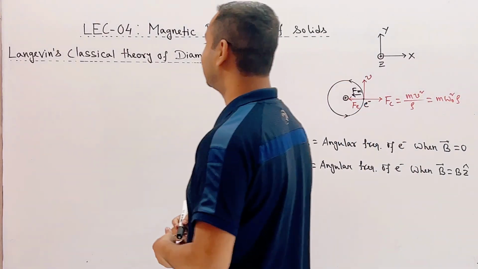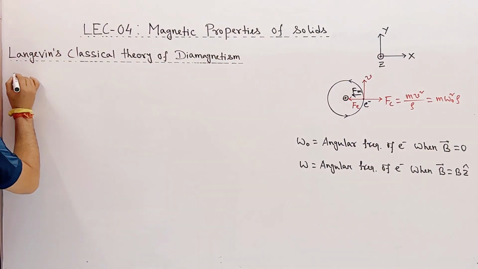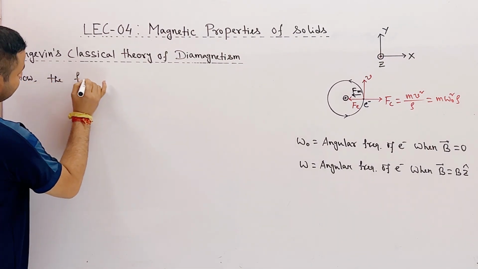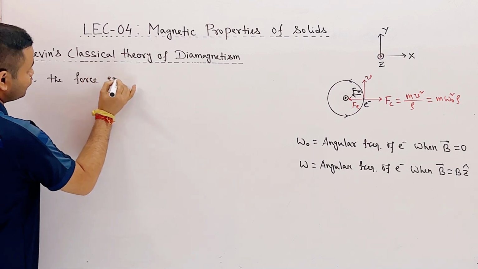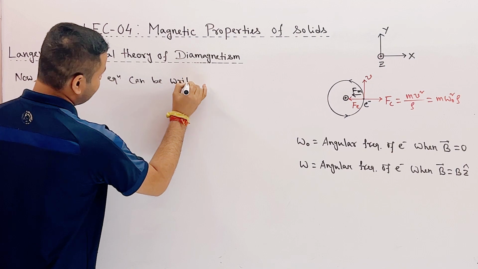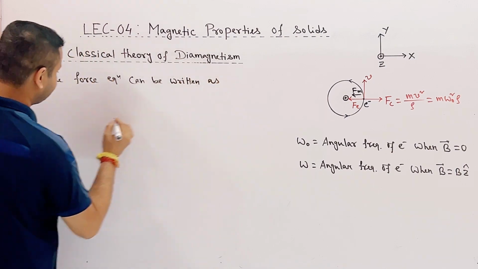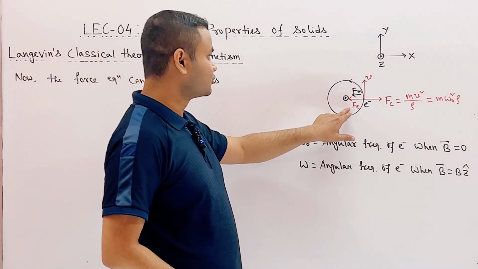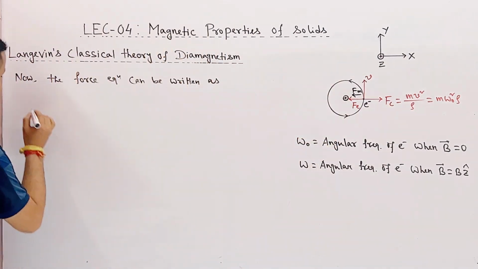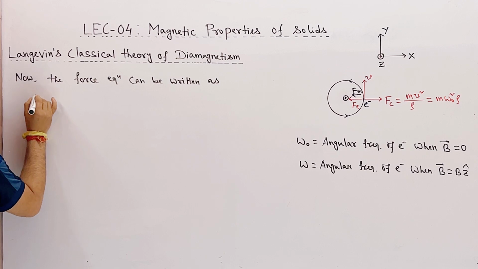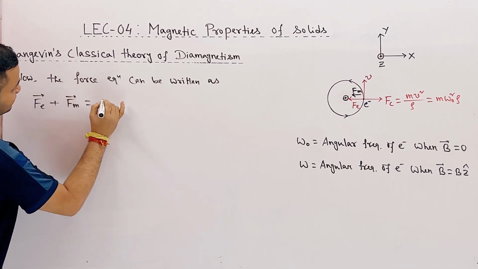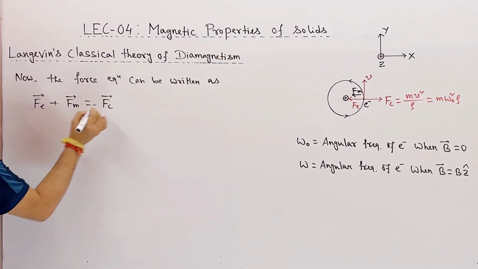Now the force equation can be written as electrostatic force plus magnetostatic force is equal to centrifugal force.